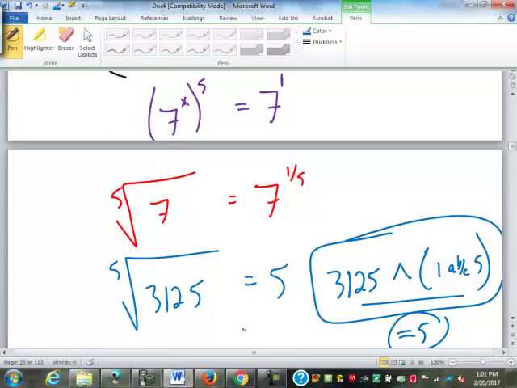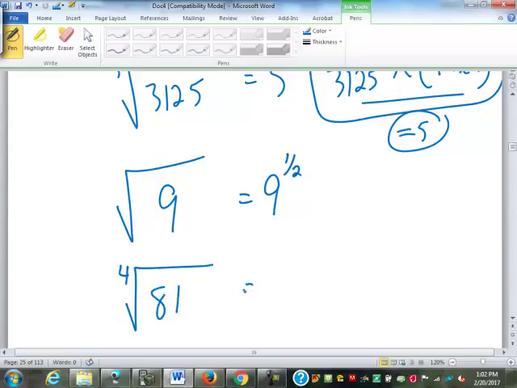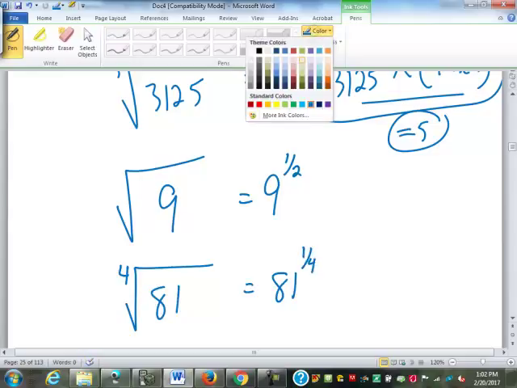So a root and a power are the same thing. Like the square root of 9 can be written as 9 to the power of 1/2. Or the 4th root of 81 can be written as 81 to the power of 1/4. Very good.